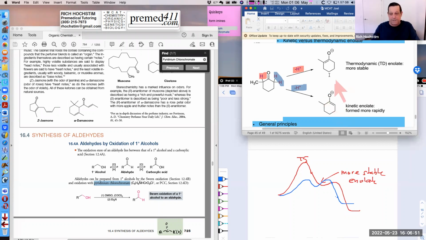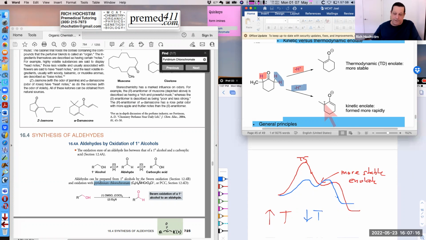So let me explain this now. There's two issues. One is the transition state, how hard is it to pull it off? And the other is the stability of the enolate, which translates into the product. And there's going to be a temperature effect. This will be high temperature, and this over here will be low temperature.